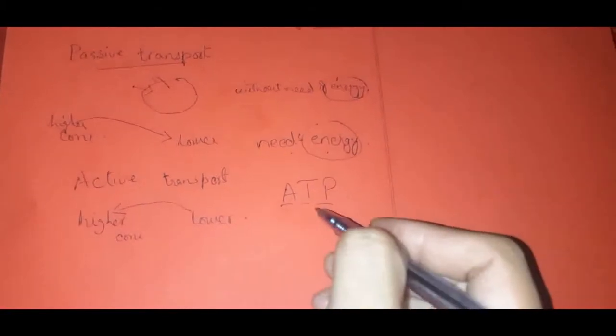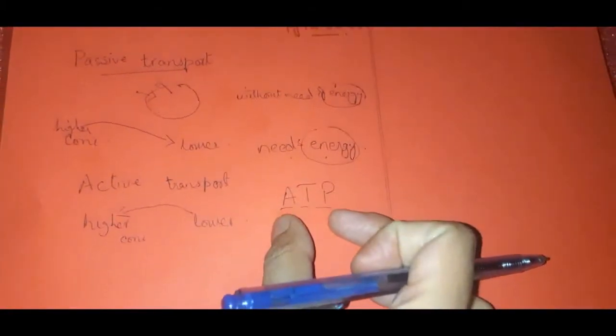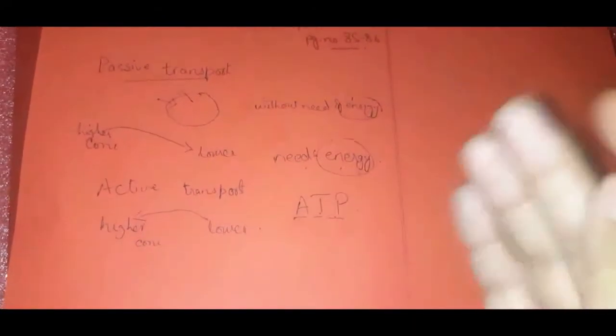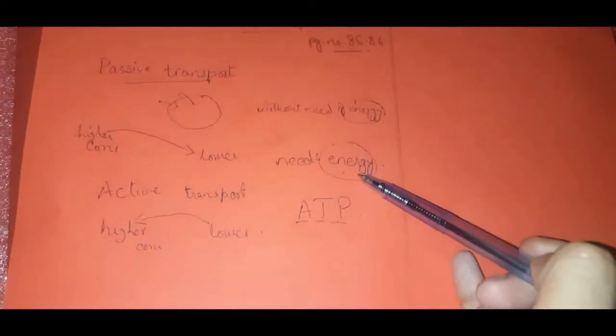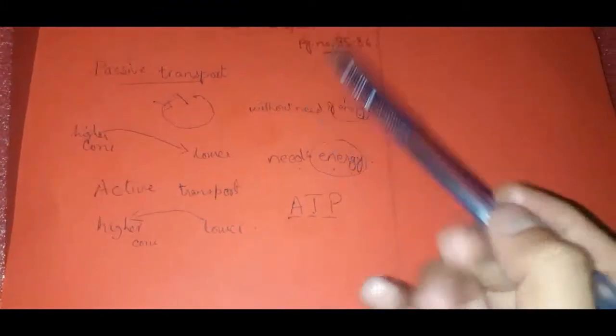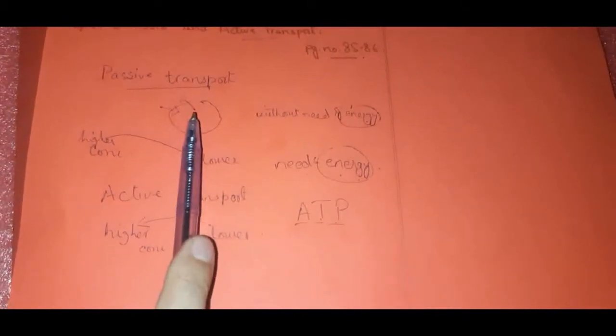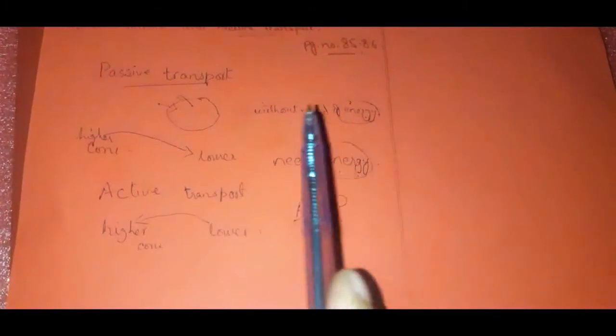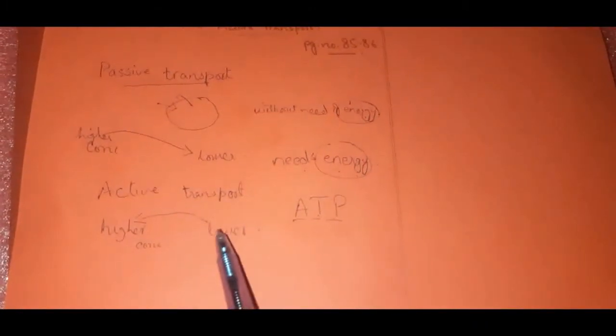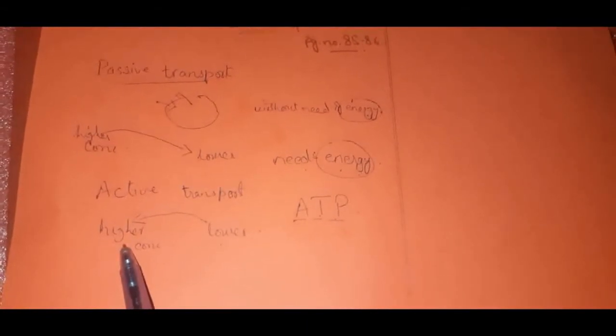The name is quite big, but you can learn the acronym ATP. So the energies are in the form of ATPs, and cell transport sometimes requires energy, sometimes it doesn't. When the movement is from a higher concentrated region to a lower concentrated region, we call it passive transport. Whereas when the movement requires energy, it is always from a lower concentrated region to a higher concentrated region.